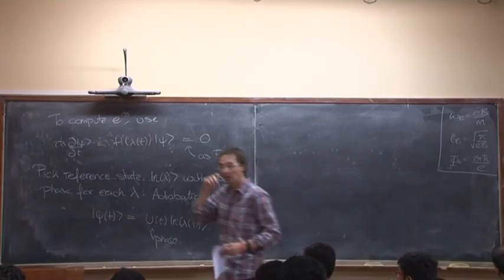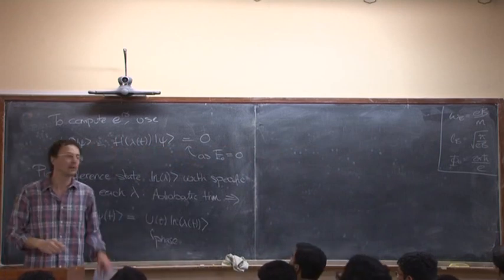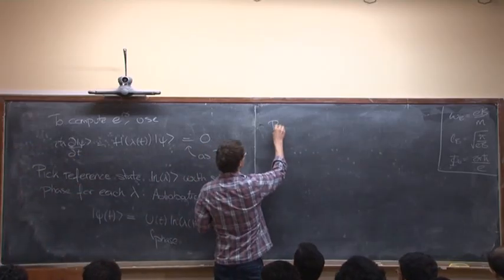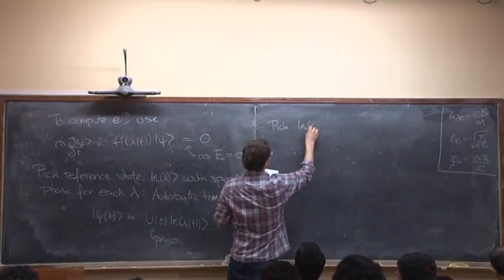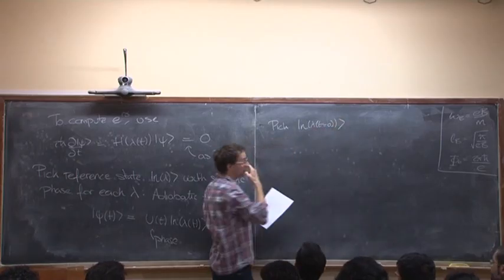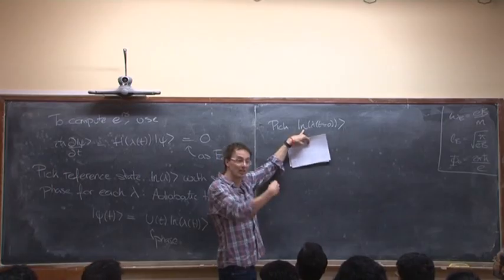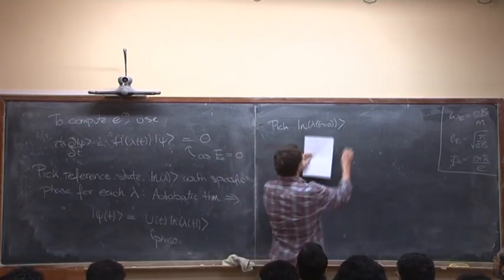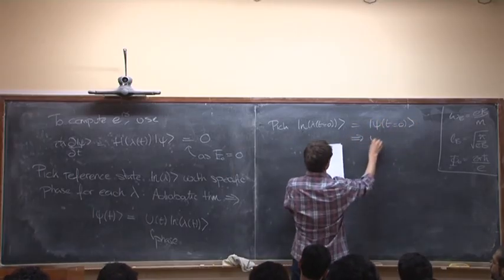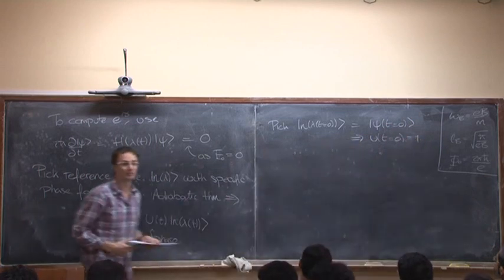So n is the ground state at parameter value lambda, but yes, you choose some arbitrary phase, with a specific choice of phase. Okay, and we'll just pick initial conditions such that in the lambda that we start with, that's the lambda at time t equals 0, the specific choice of phase that we've picked coincides with the actual choice of phase of our state. So this is just the statement that u at t equals 0 is equal to 1.